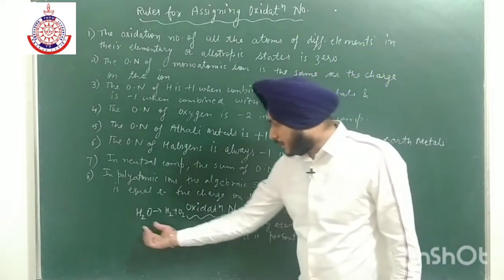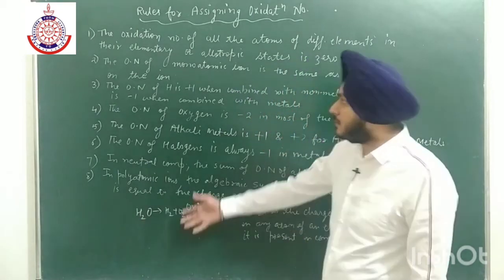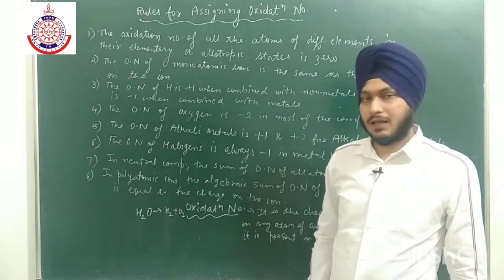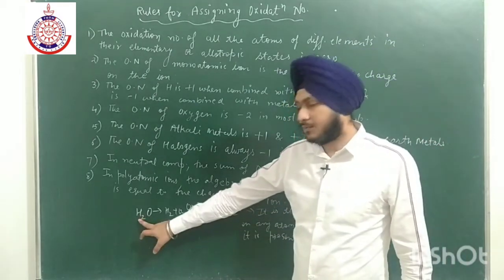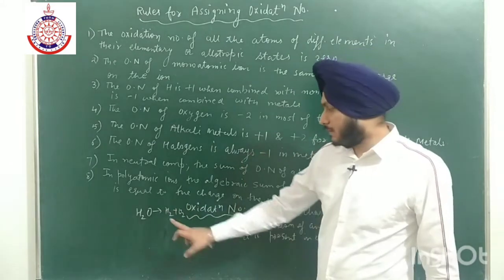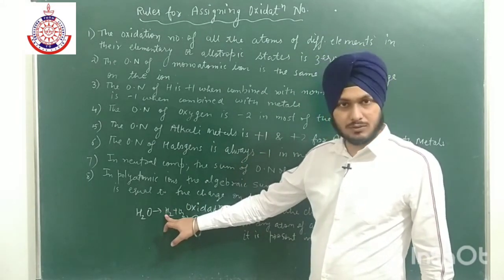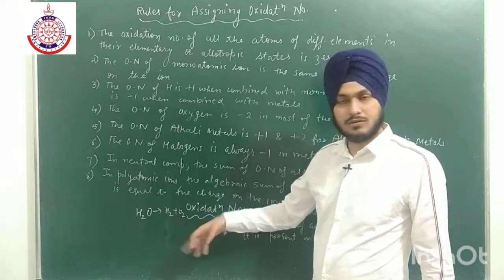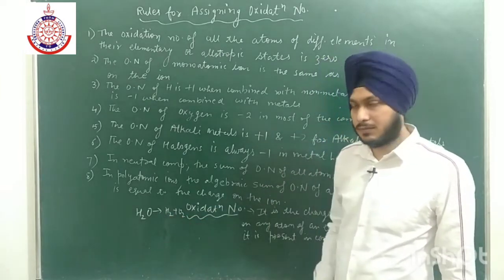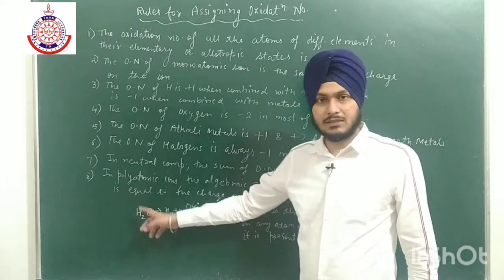So in order to assign oxidation number to hydrogen and oxygen, we have some rules. There is some oxidation number of hydrogen over here and oxidation number of oxygen over here. Similarly here also, hydrogen will have some oxidation number, and here also oxygen will have some oxidation number. So we can easily check whether the oxidation number is increased or decreased.